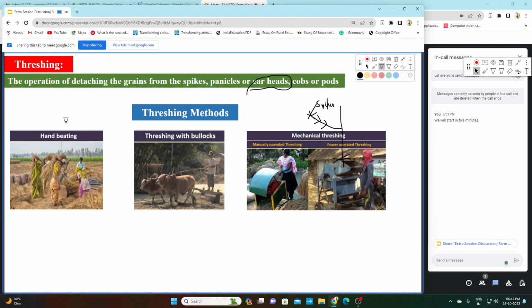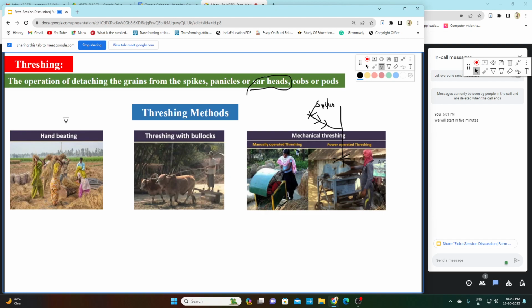First is intercultural operation or weeding. Simple, we have to remove weeds from the crops. So that is the first part of the third operation. Second part of the third operation is plant protection. We are protecting our plants from insects, diseases or even weeds, with the application of chemicals. Okay, this plant protection also has two parts.